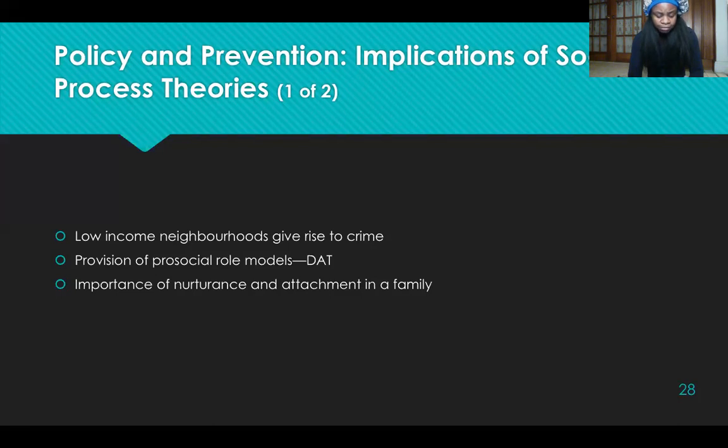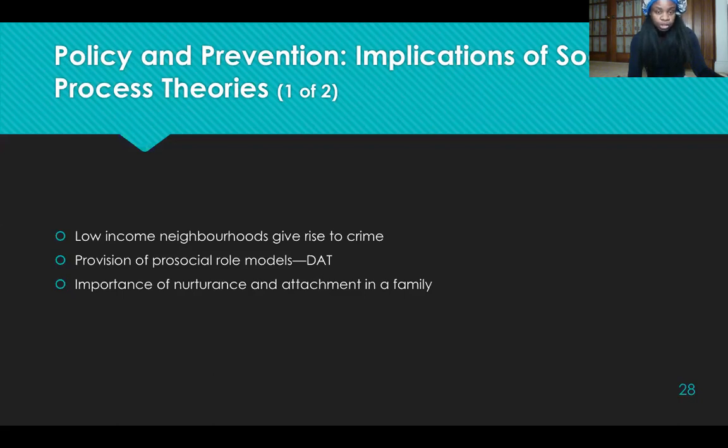So the bottom line for all subcultural theories is that low-income neighborhoods harbor values and attitudes conducive to criminal behaviors. Thus, if learning crime and delinquency within a particular culture is a problem, changing relevant aspects of that culture is the answer. But this has been met with very little success.